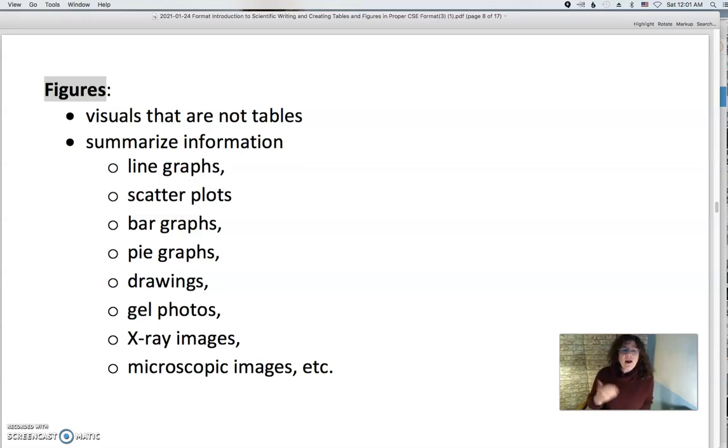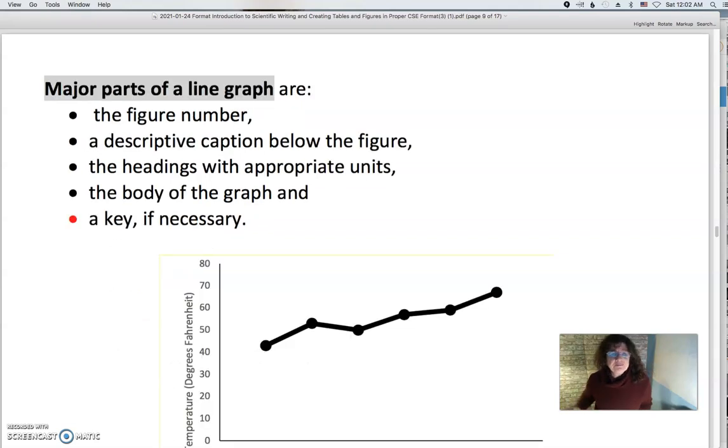They can be line graphs, scatter plots, bar graphs, pie graphs, not so often in biology. Drawings, I use a lot of drawings. Gel photos, very specifically in biology. X-ray images, very specifically. Microscopic images, only when you're doing microscopy. So you will see a lot of line graphs and bar graphs in biological data.